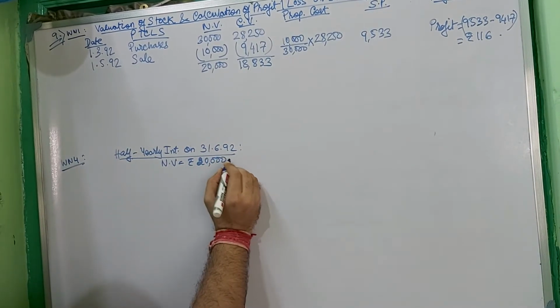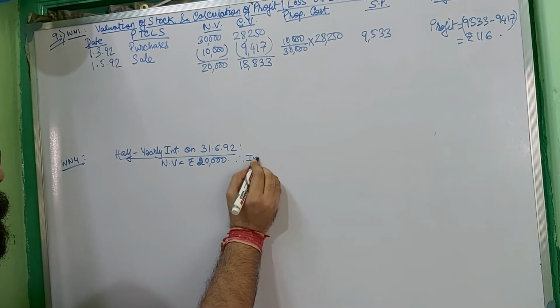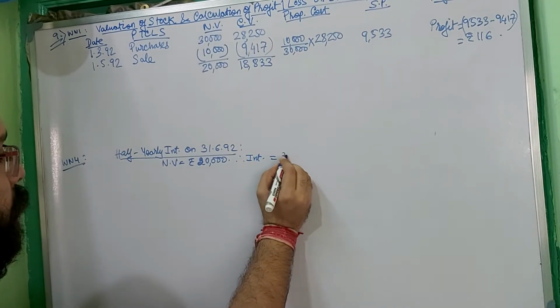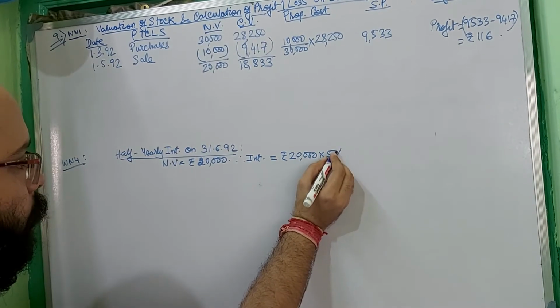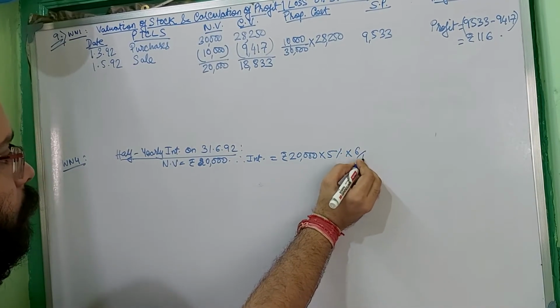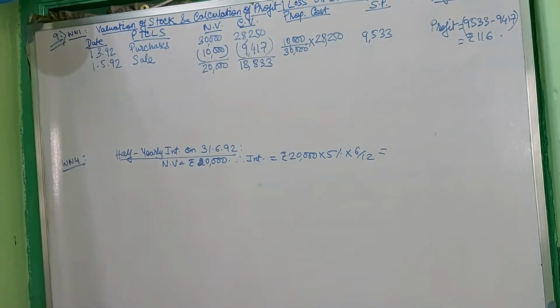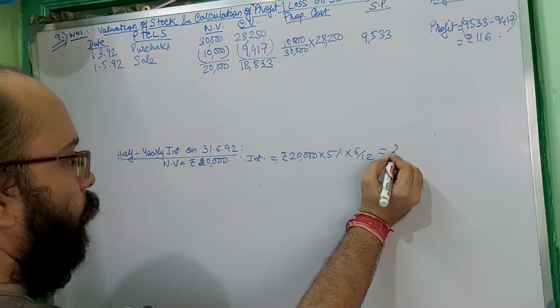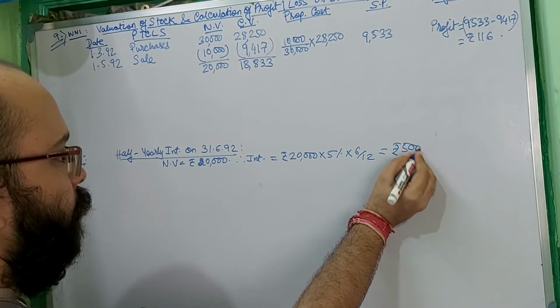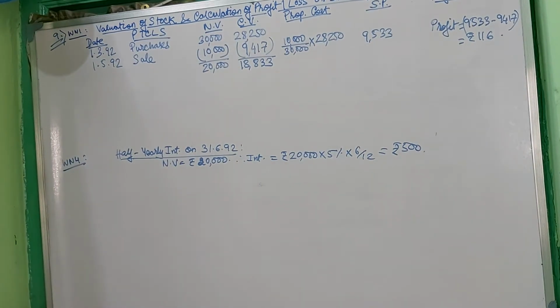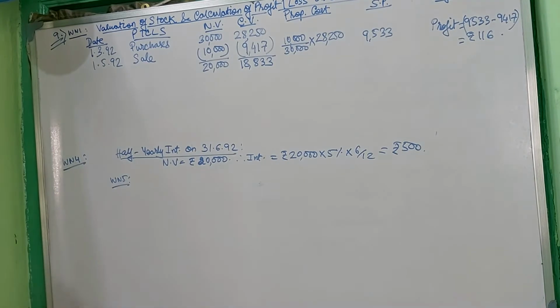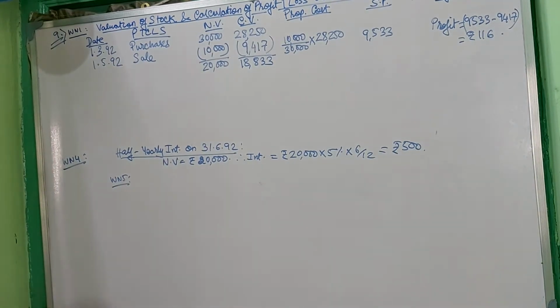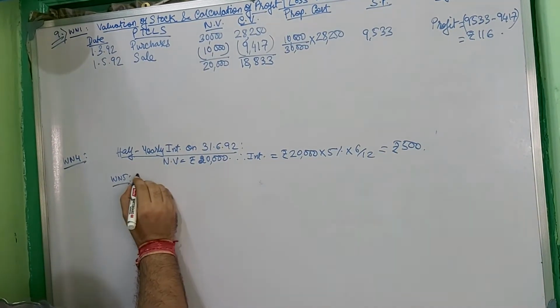Therefore interest will be rupees 20,000 into 5% into 6 by 12. It is coming to rupees 500. Half yearly interest is 500. Working note 4 gone. Come to working note 5, which is the ex-interest sale.